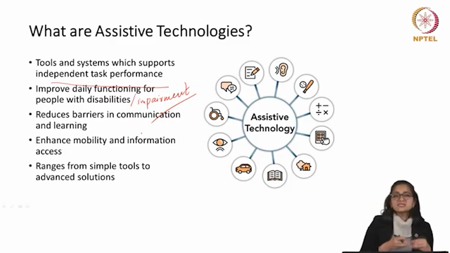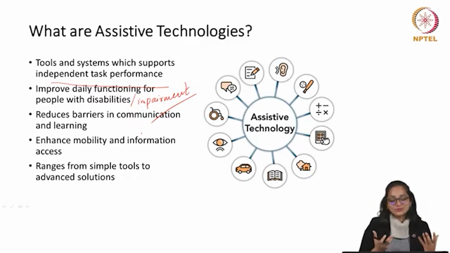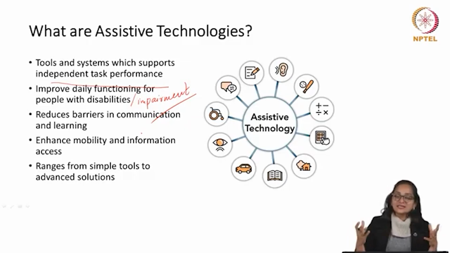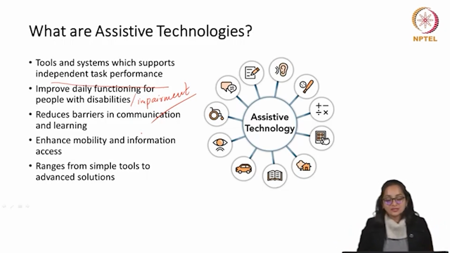It ranges from simple tools, again simple tools like a pair of glasses, to very advanced AI-based solutions like real-time speech to text. Generating a real-time description of a real-world scene also requires a lot of advanced systems to come together.